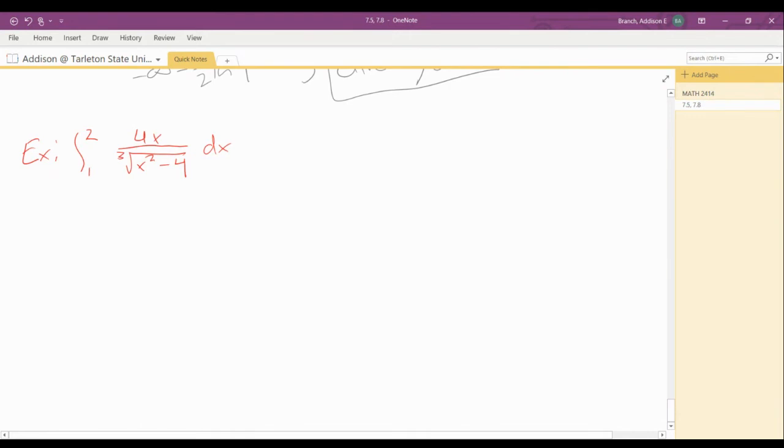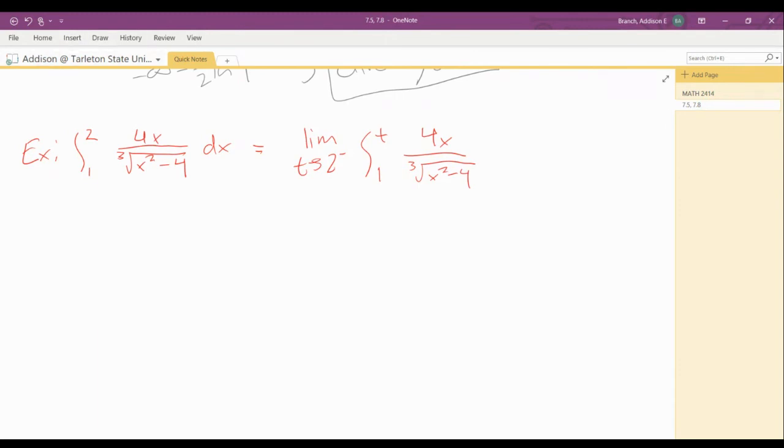Of course we need to see if we have any discontinuities, and looking at this we can see that we have one at 2. So we're going to rewrite this as our limit as t approaches 2 from the negative of 1 to t of 4x over the cubed root of x squared minus 4.